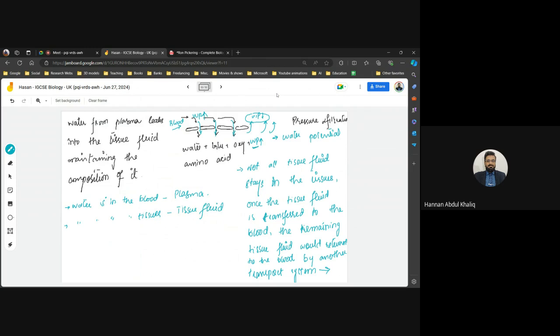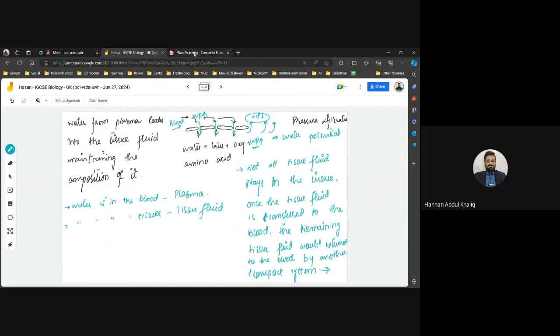This should not happen. The tissue fluid has to be transported back to the blood. We cannot transport all of the water with the help of the water potential.